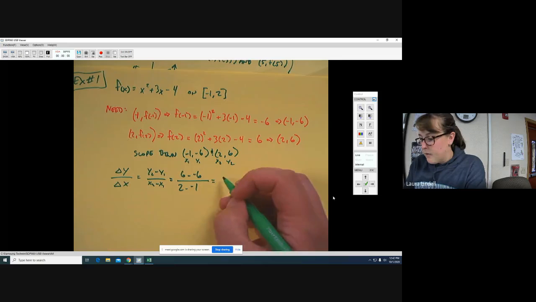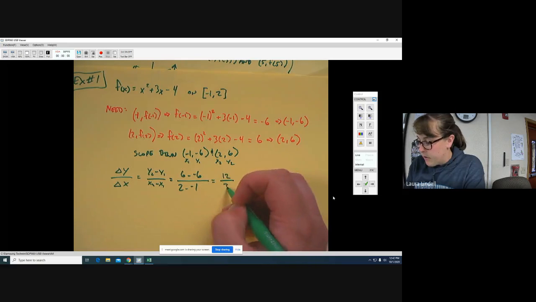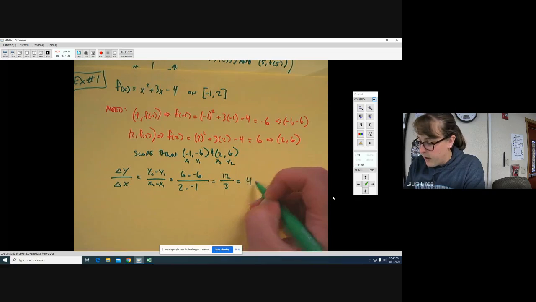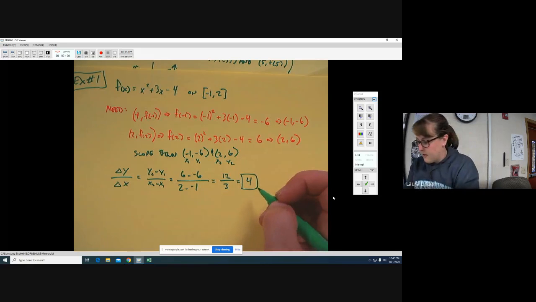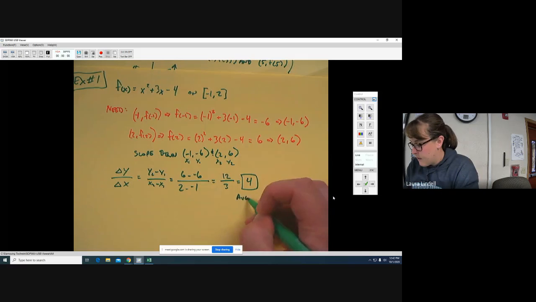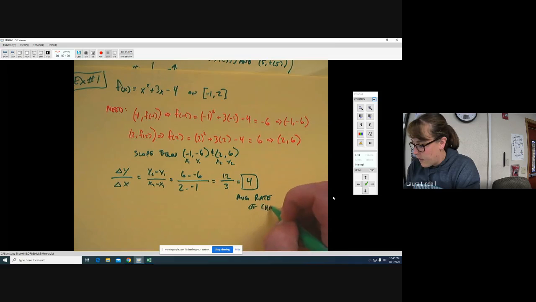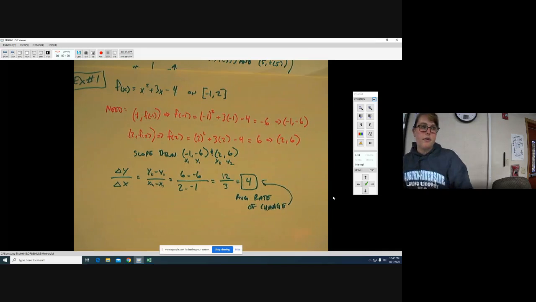On the top, that gives us 12. On the bottom, that gives us 3. 12 divided by 3 is 4. So our average rate of change is 4. So we're just finding the slope.